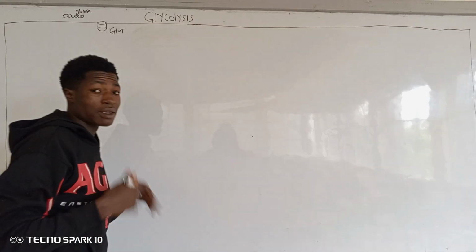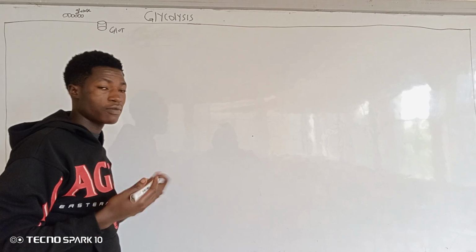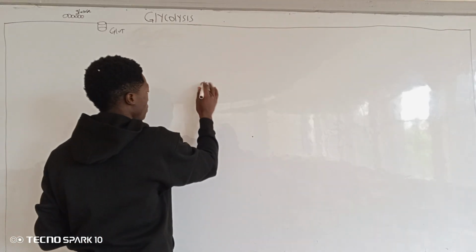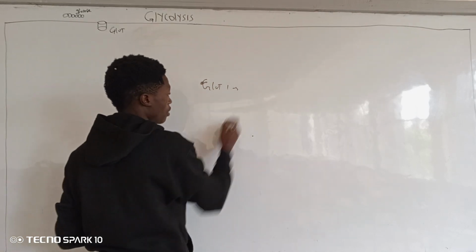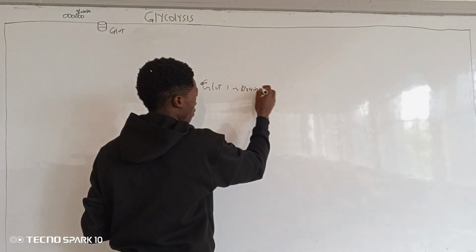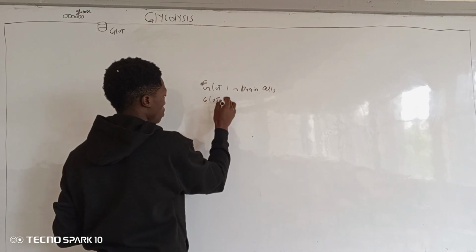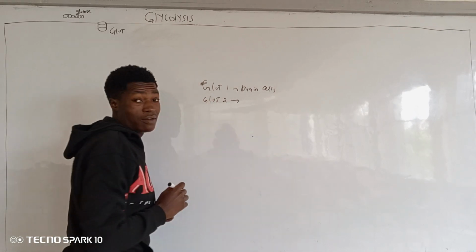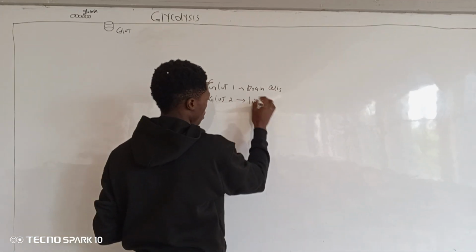The GLUT receptors are named based on the cell. For example, we can have GLUT 1, GLUT 2, GLUT 3, GLUT 4. So which is GLUT 1? GLUT 1, we are talking of mostly the brain cells. When it is GLUT 2, it mostly refers to the liver cells. So the erythrocytes are GLUT 1, and GLUT 2 are liver cells.